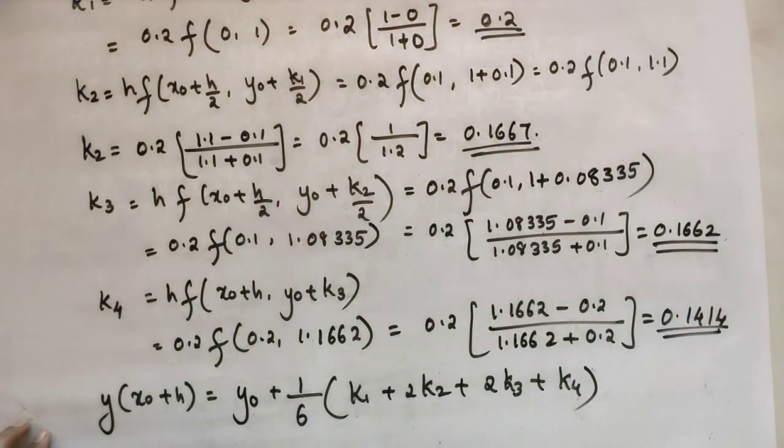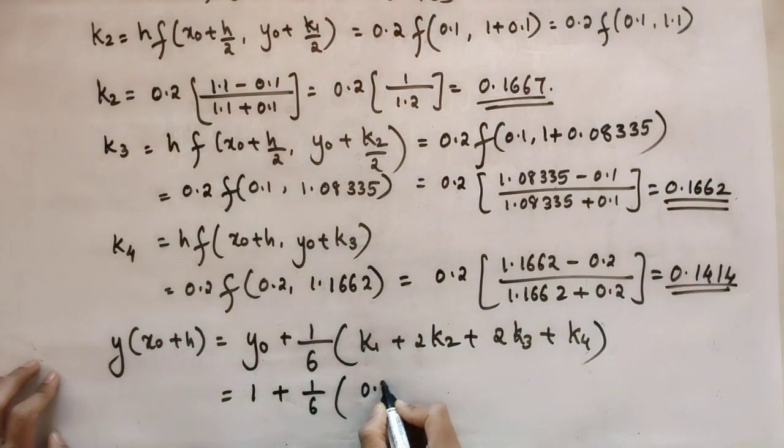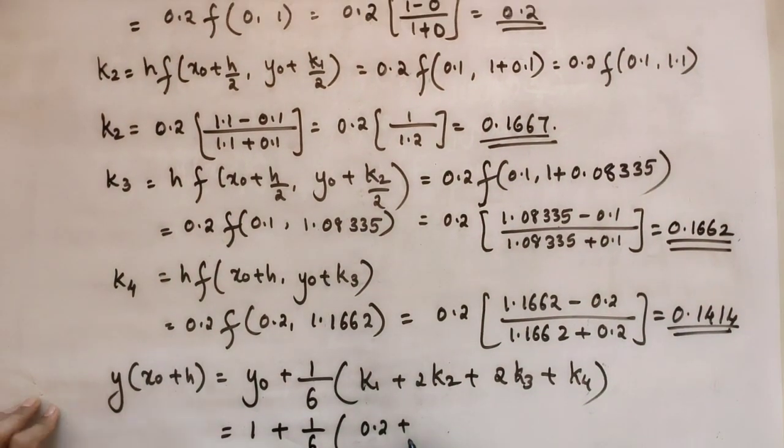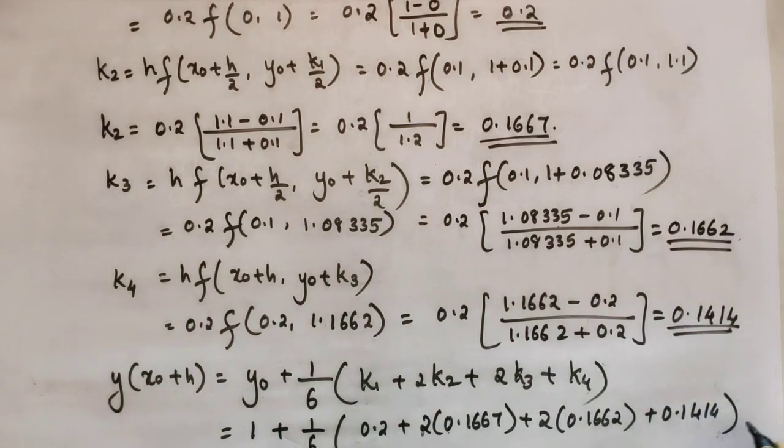So y naught is 1 plus 1 by 6, K1 is 0.2 plus 2 times K2, 0.1667, plus 2 times K3, 0.1662, plus K4, 0.1414.